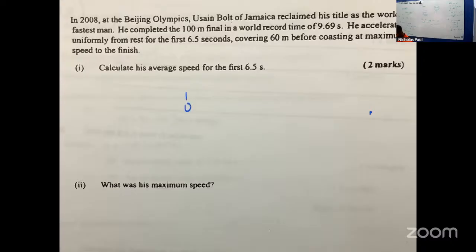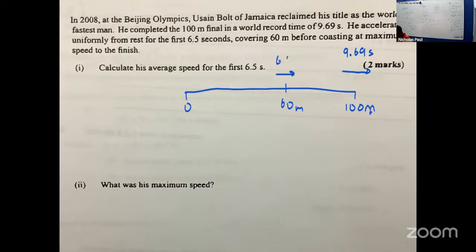That is the 0 mark, then you have your 100-meter mark, then somewhere down the line is 60 meters. His total time was 9.69 seconds, and he took 6.5 seconds to get to 60 meters. So you put 6.5 seconds here, and make a note that from here it is constant velocity.